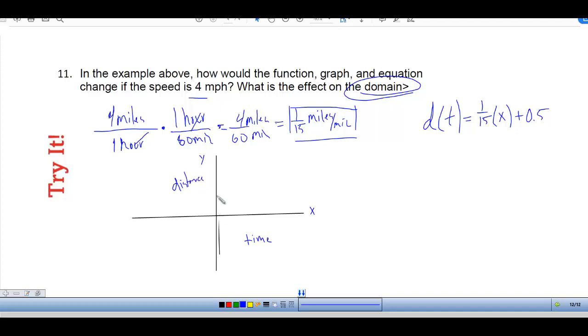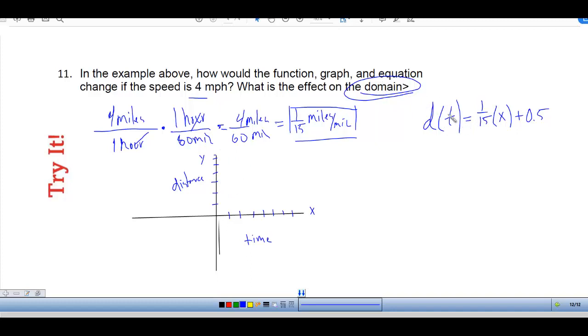And you would start, say, half a mile away. So over your domain, the change here is that we're now going to take longer because we're going slower. So the realistic domain of this will be extended, right? It's going to take us a little bit longer to get there. And the distance, it's not going to change anything in our outputs there, but it will affect the domain.